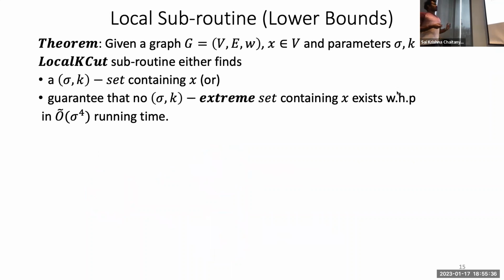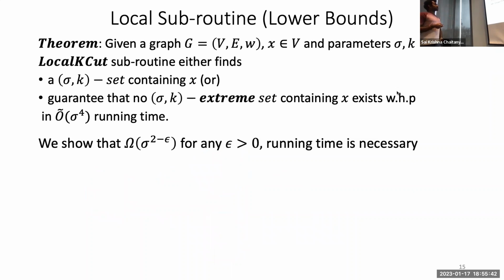In this context, I would like to tell you some lower bounds for this problem. We have given this local K cut algorithm in sigma power 4 time, and we show that there is no algorithm that performs polynomially better in the dependence of sigma than sigma square.